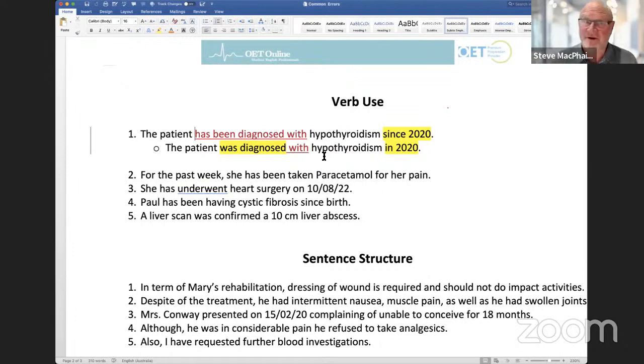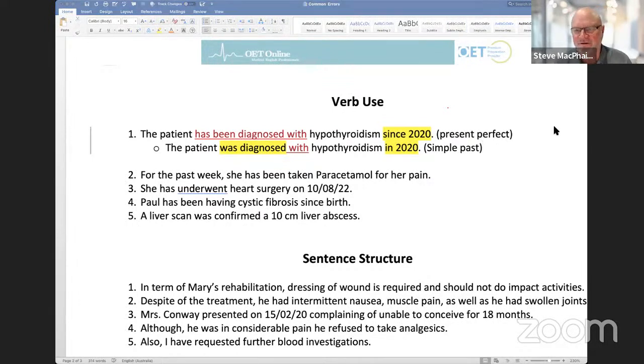So it's 101 OET. You have to know the difference between present perfect to describe something that's happened over time, and simple past, which focuses on the actual diagnosis date.